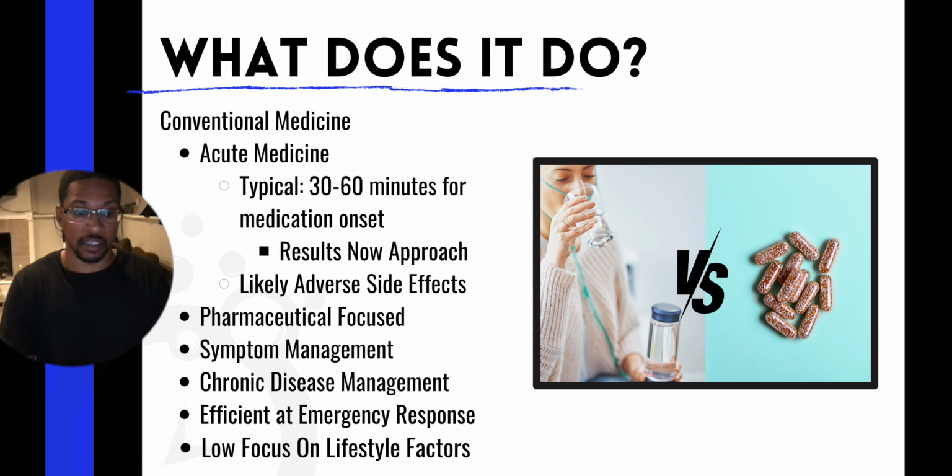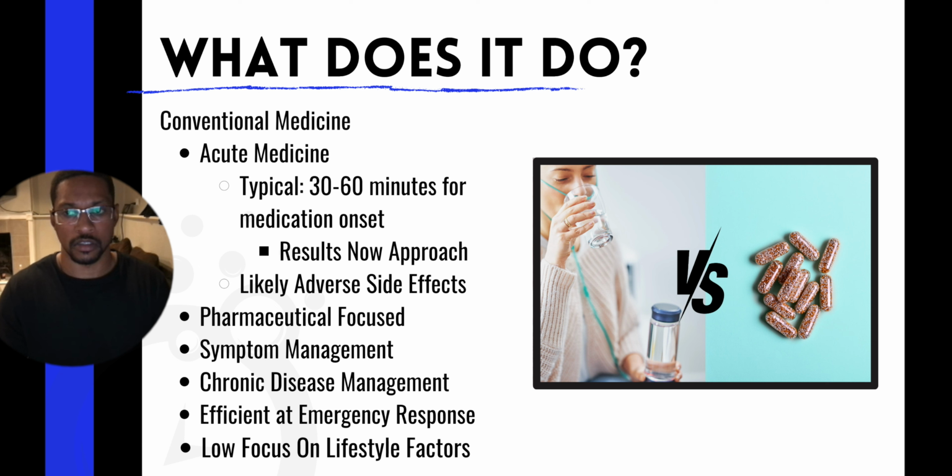So I said this in my live presentation that I had here recently, that if you get a heart attack, you need to call 911. It's good at that. It's good at getting you back to some kind of state where you can work from, basically. You need to call the ambulance if you're having a heart attack or some major emergency. But with that being said, it has a low focus on lifestyle factors.